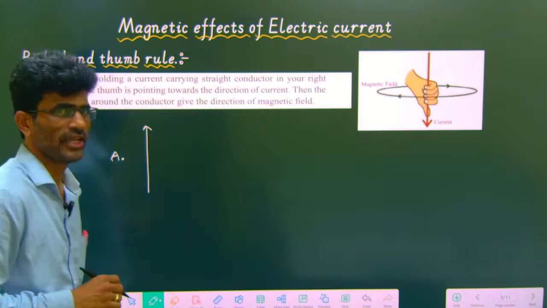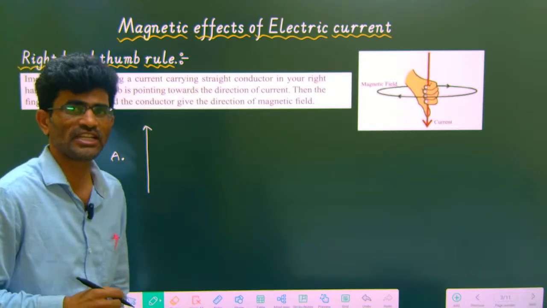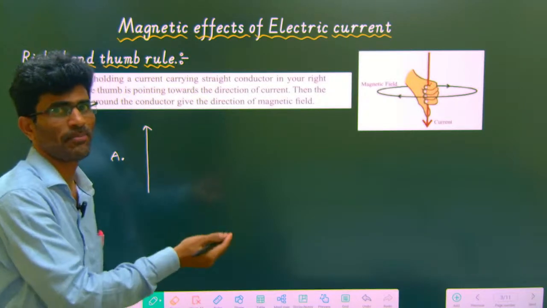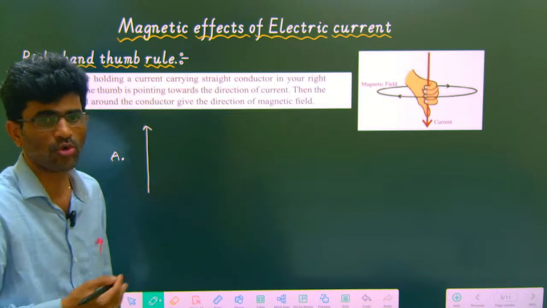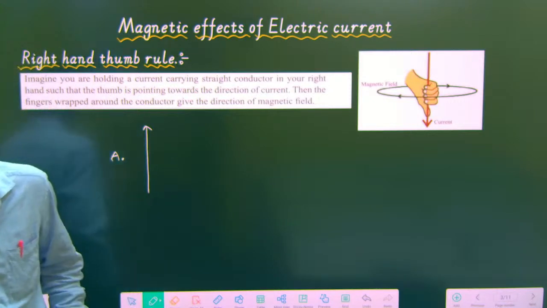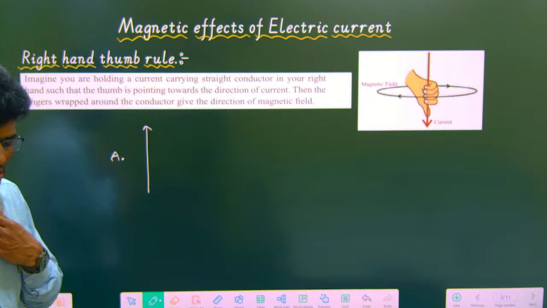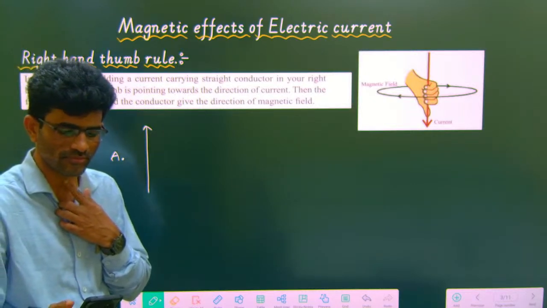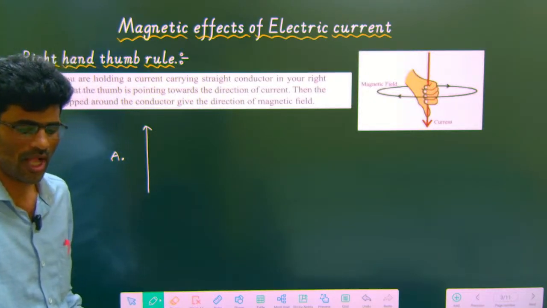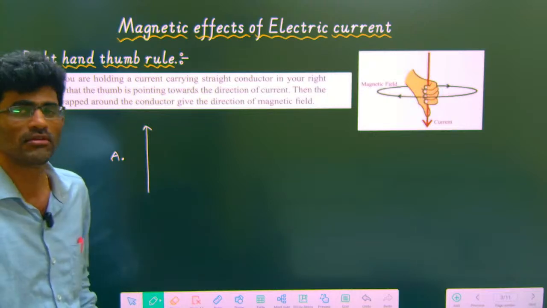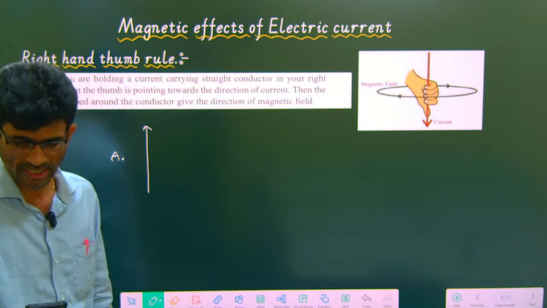Now at point A, are the magnetic field lines going inside the plane or coming out of the plane? How can you answer this question? How do we decide? By using the right hand thumb rule.